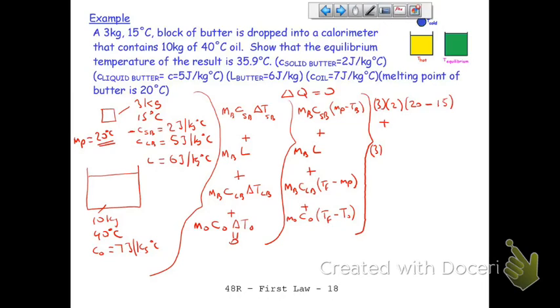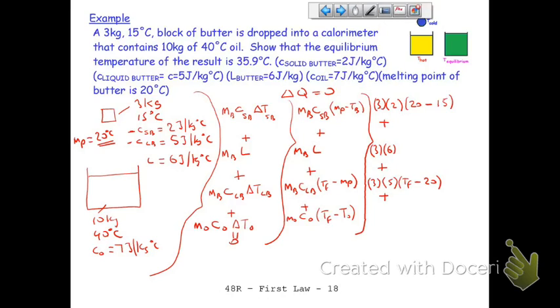3 times latent heat is 6. 3. Specific heat for liquid butter is 5. Temperature change, T final minus melting point. Melting point was 20.